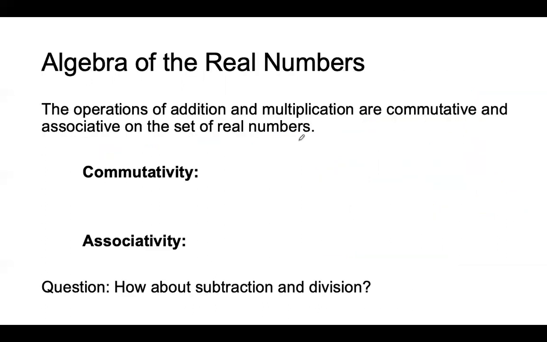Then there are the operations of addition and multiplication, which are commutative and associative on the real numbers. So let's see the properties.